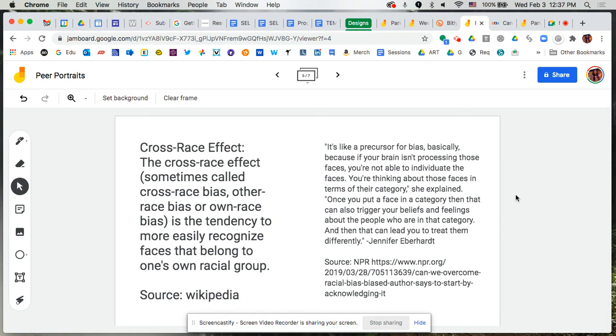And this is why we're pinpointing this down and why we're doing this activity called peer portraits, to help us better not only identify individual traits, but to avoid putting people into categories. Because when we put people into categories and say, oh, you look like sisters, you all look the same, you start to categorize not just that they look the same, but that they inherit stereotypical traits of Latinas.